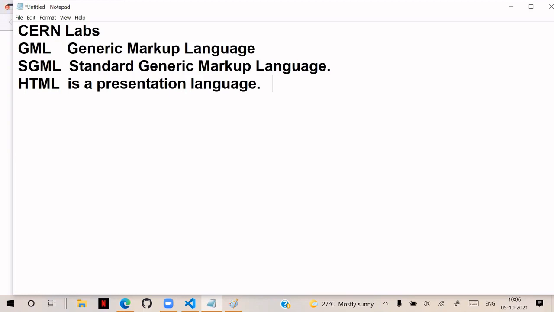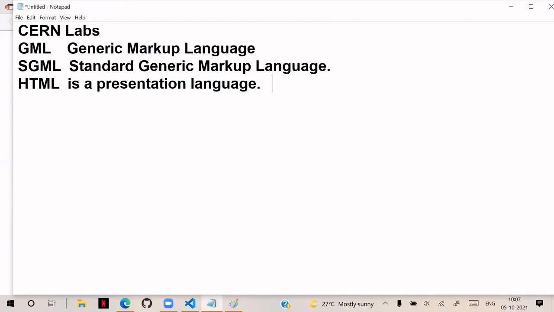That means the user provides an input, the programming language takes that input, processes it, generates an output and sends it back to the user. But a presentation language cannot interact with the user. A presentation language is responsible only for presentation. That is the reason, to make interactions, we have to use another language called JavaScript.